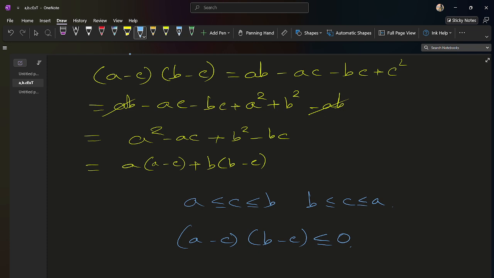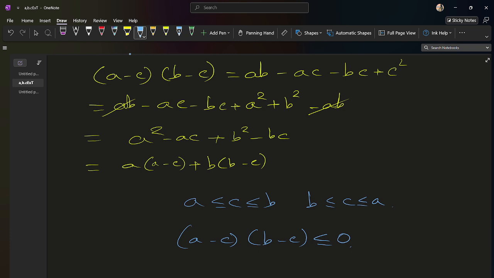If they are all the same, it will be 0. If one of them is the same, that means b equals c or a equals c, then we get 0. In other cases, if c lies between a and b, then a minus c will be negative and b minus c will be positive, so the product is negative.